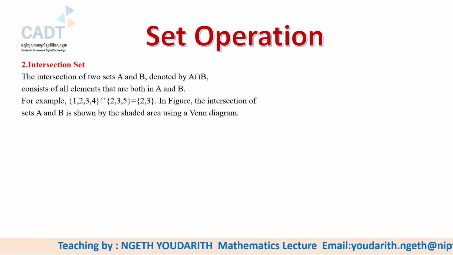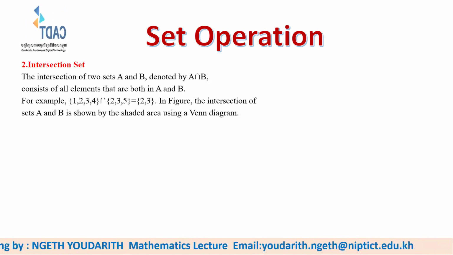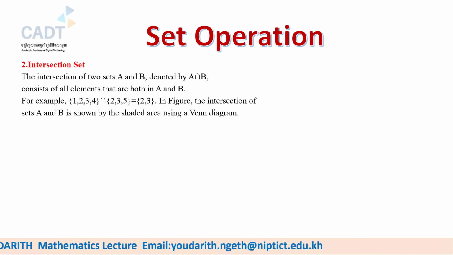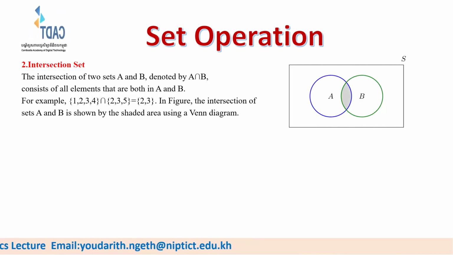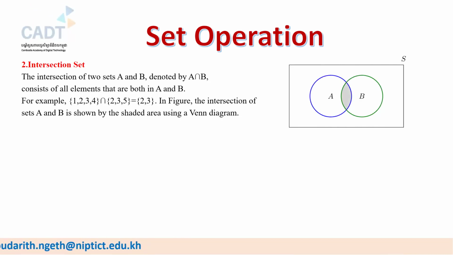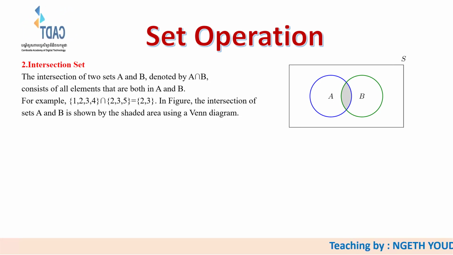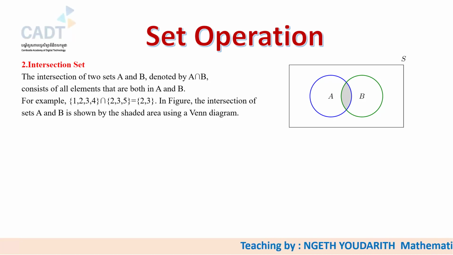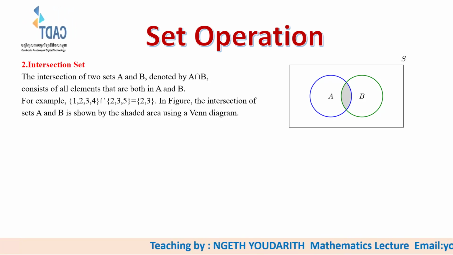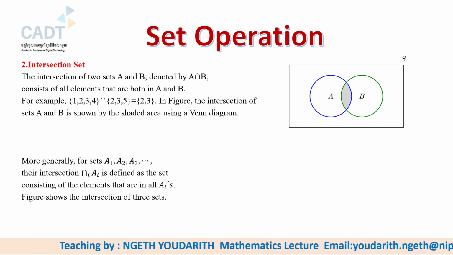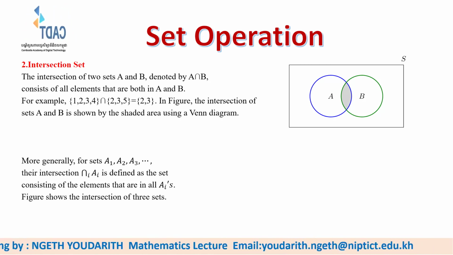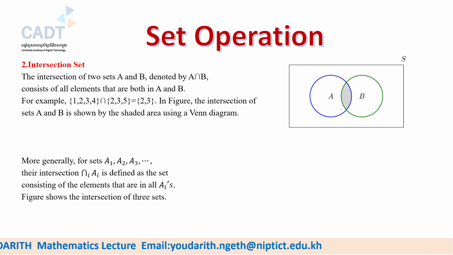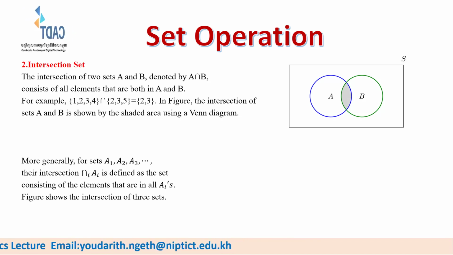The intersection of sets A and B is shown by the shaded area in a Venn diagram. More generally, the same holds for sets A1, A2, A3 up to An.